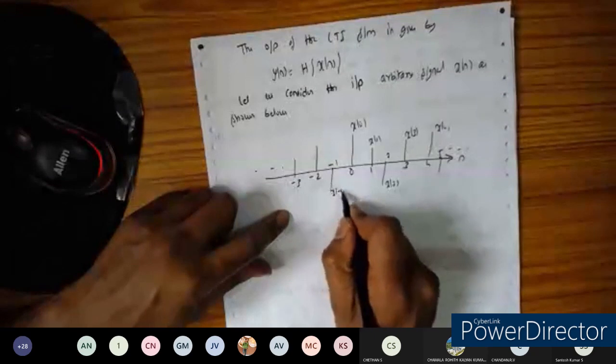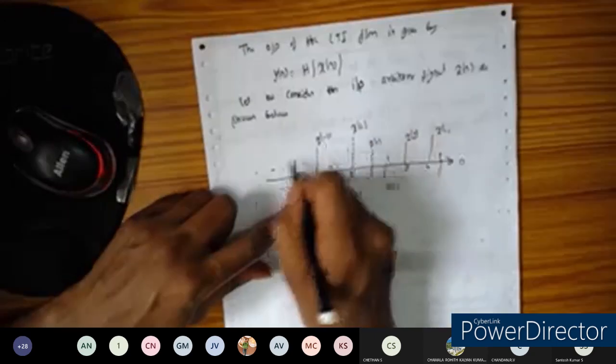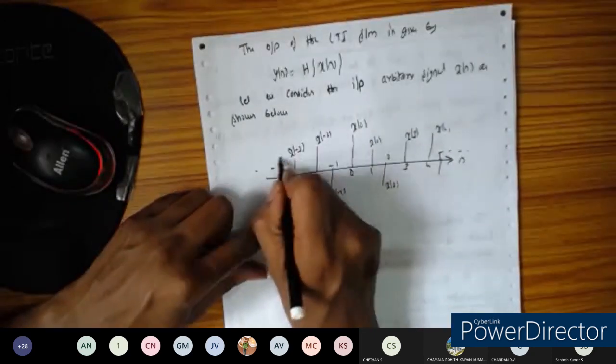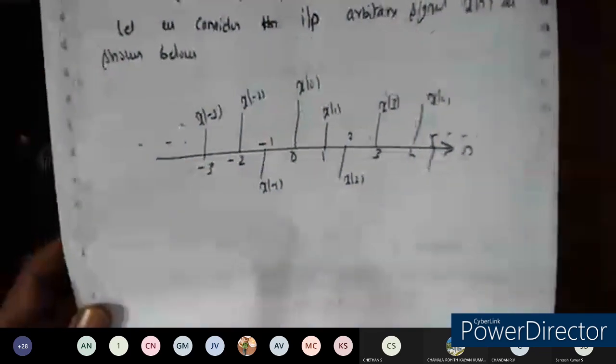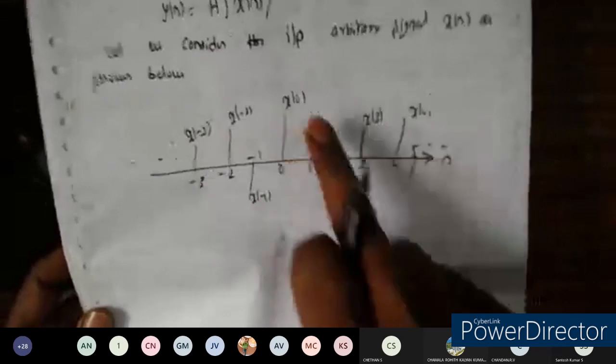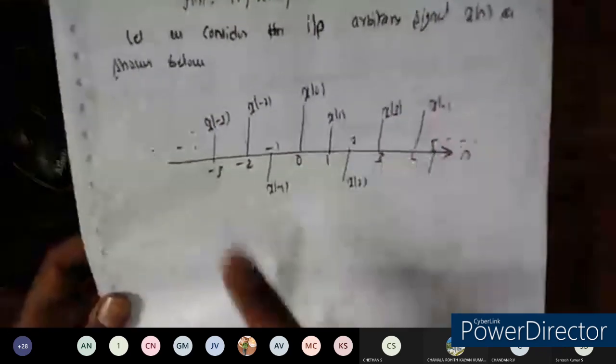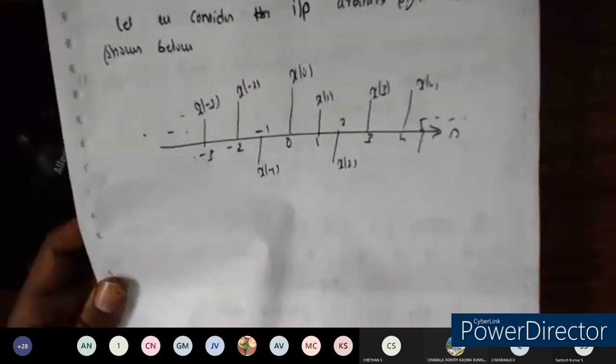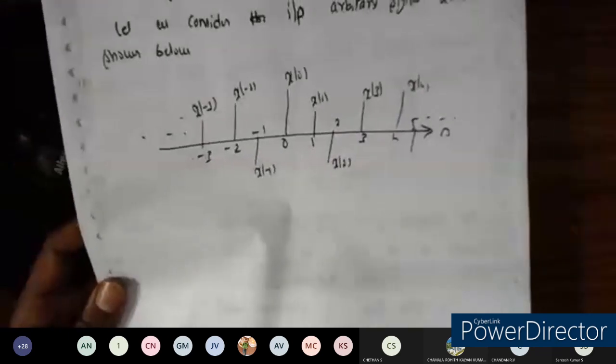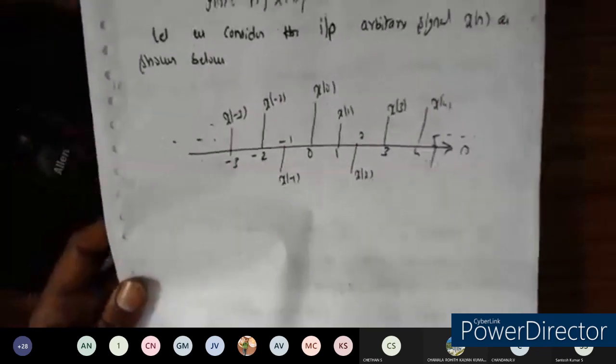This is x of -1, x of -2, x of -3 and so on. These are the input signals we are going to consider.